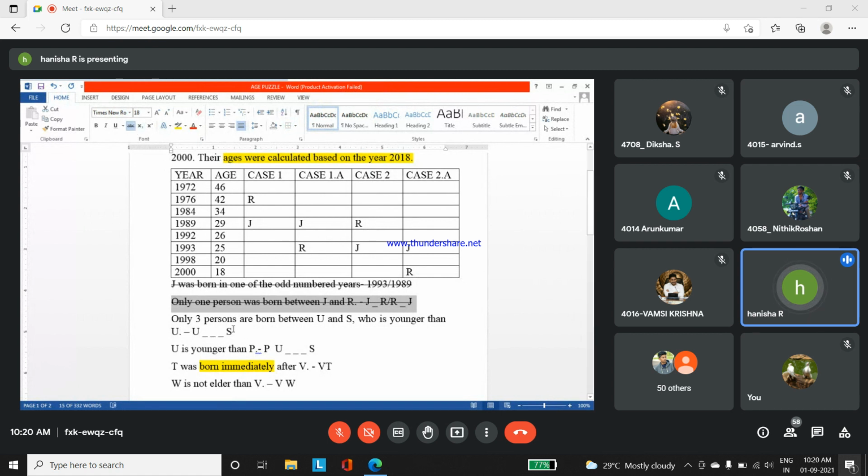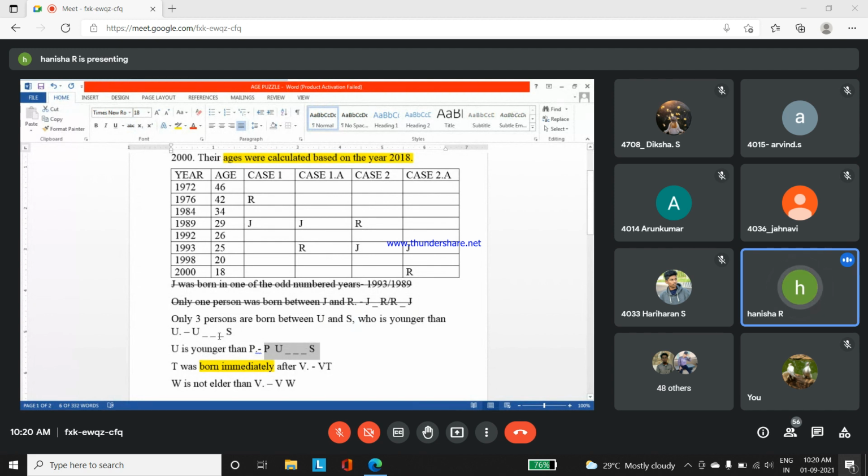Let's go to the third clue. Only three persons were born between you and this who is younger than you. We have got this clue, but we have clubbed this clue with each other. So U is younger than P, and we can make use of this clue to solve.